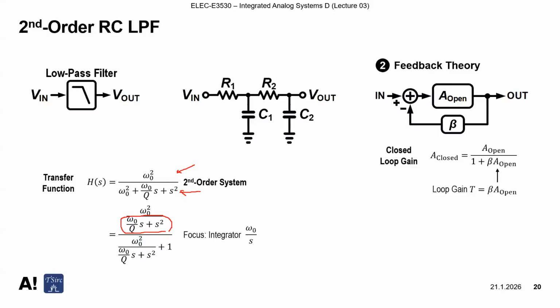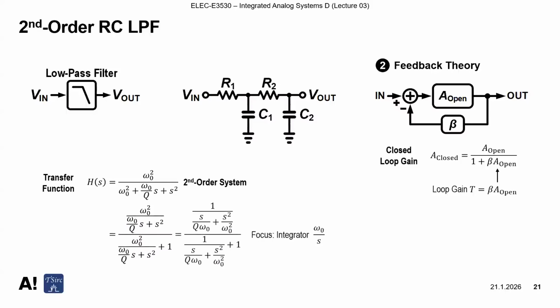Now the numerator looks more similar to something over s form. Then we can further reorganize this equation into a simpler format, so that it looks like one over something, and the something corresponds to the s term.